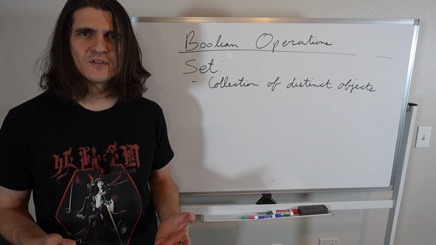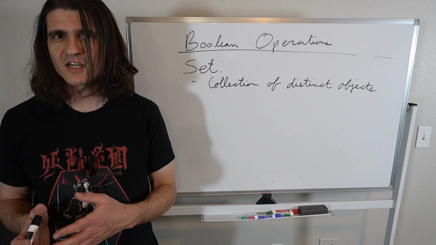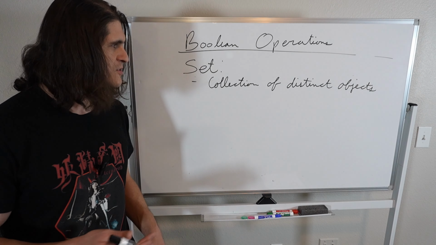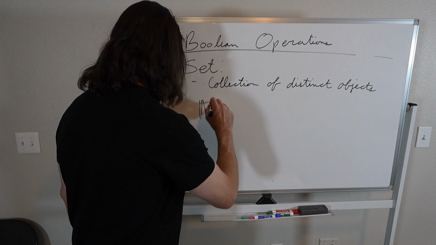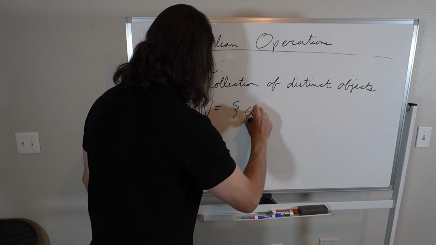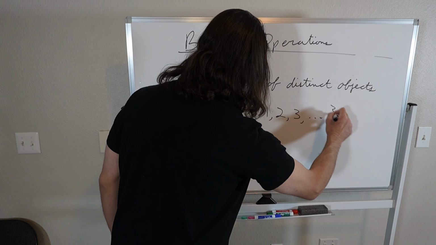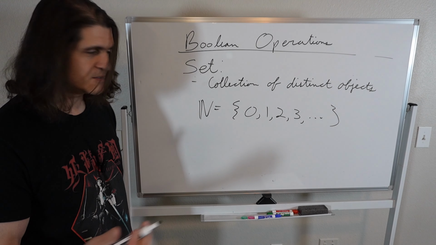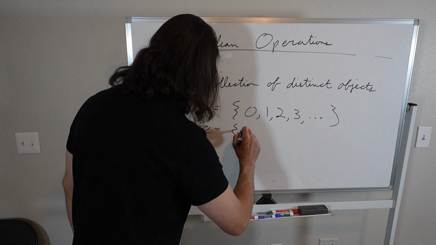Next, if all of the members of one set are also members of a different set, we can say that we have a subset. So for example, previously I had the natural numbers, starting at 0, 1, 2, 3, and so on. But we also have another very common set, the integers, which we annotate like this. And that actually includes the negatives.